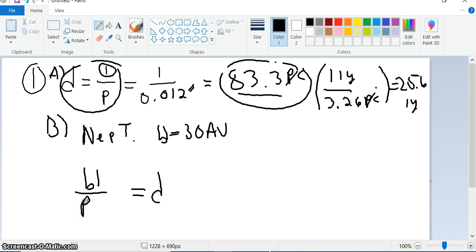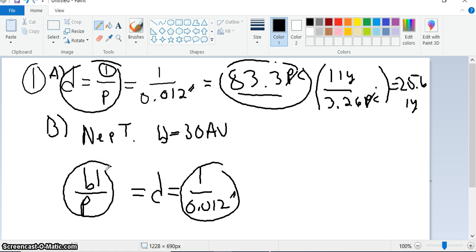And that's equal to, of course, the Earth's baseline, 1, divided by the parallax, which we know is 0.012, and of course it's arc seconds. So with that information, I can set this equal to this, where the baseline is 30 astronomical units.